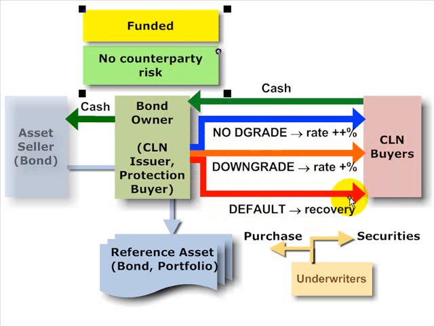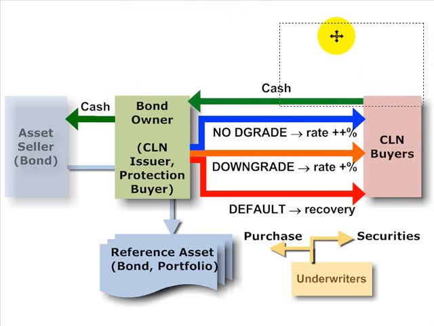If there's a default, because the investors have already paid the cash up front, the matter of settling this default is just a matter of withholding principal and or interest payments that would have been made. So the bond owner doesn't really need to worry about being compensated. They just withhold payments. They don't really have the counterparty risk exposure to the buyers.